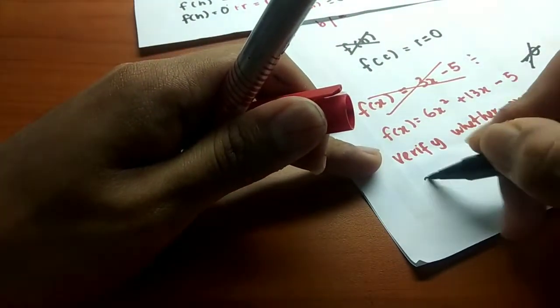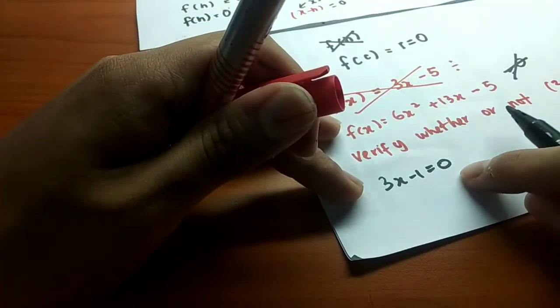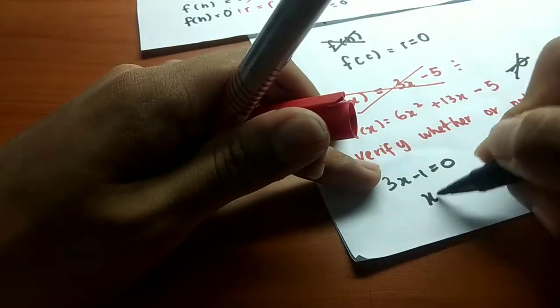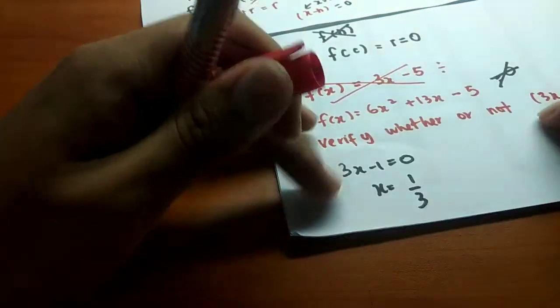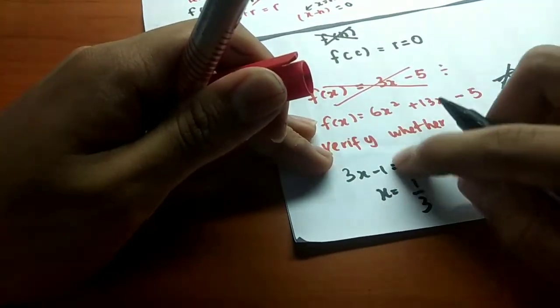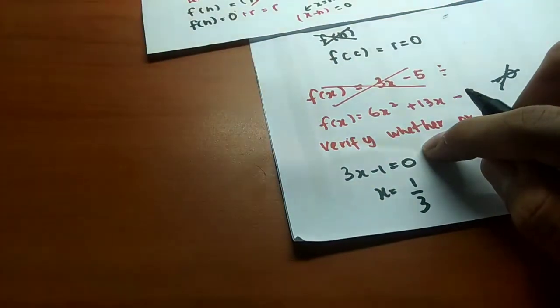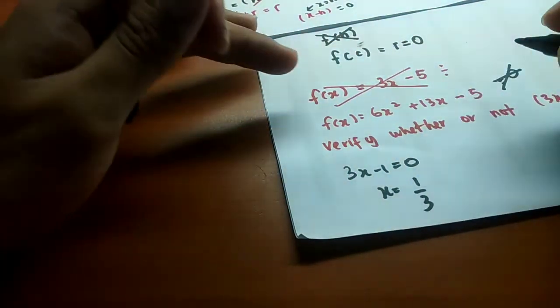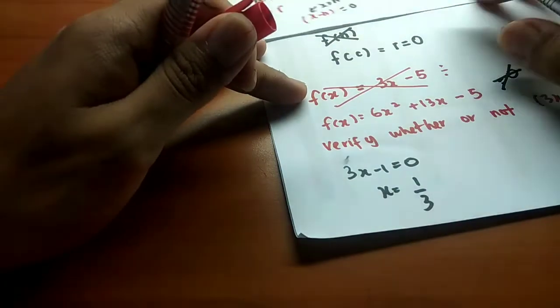So the zeros is basically 3x minus 1 is equivalent to 0. So we equate to 0 to find the zeros. So we get x equivalent to 1 over 3. Why? Because when you substitute back x equals to 1 over 3 into here, you will get 0, which is the definition for zeros.